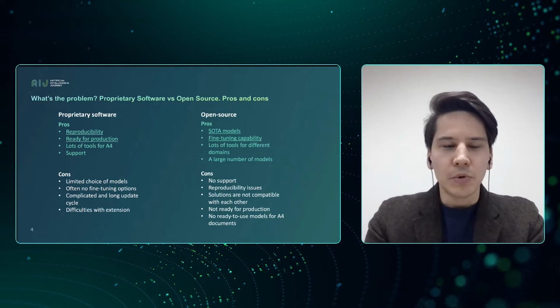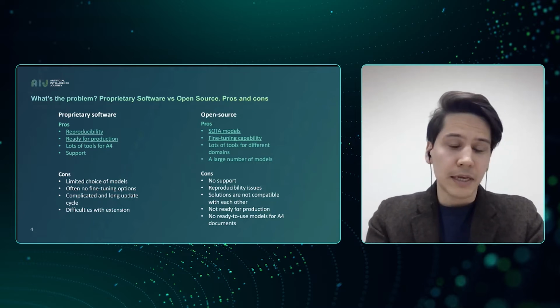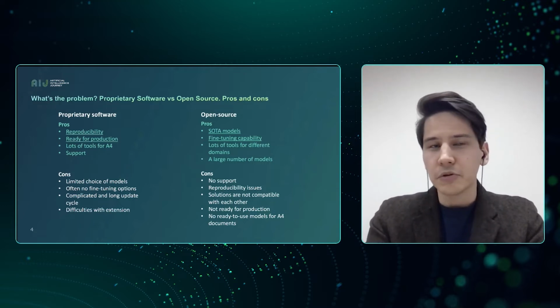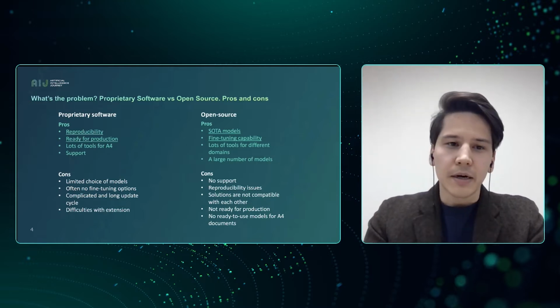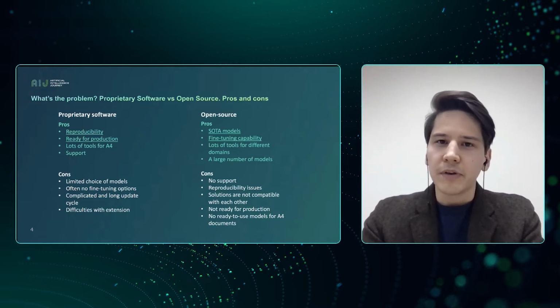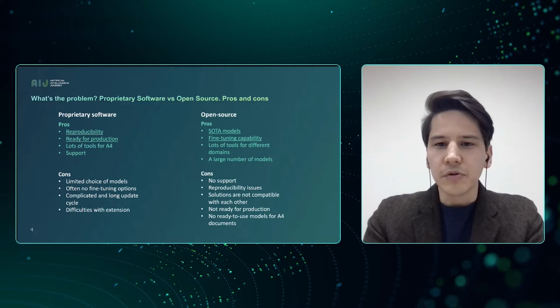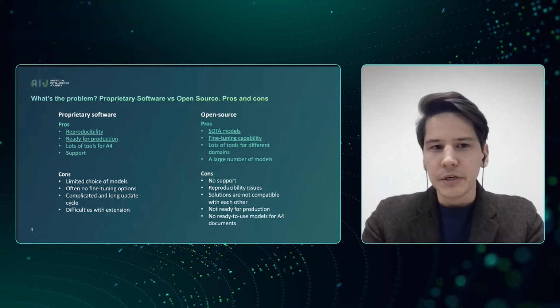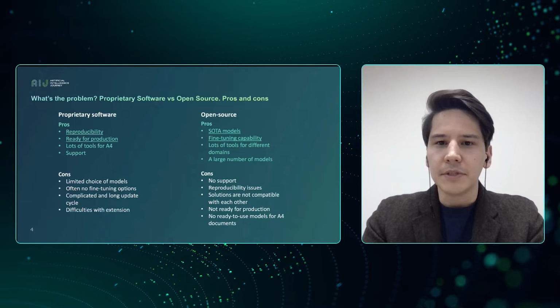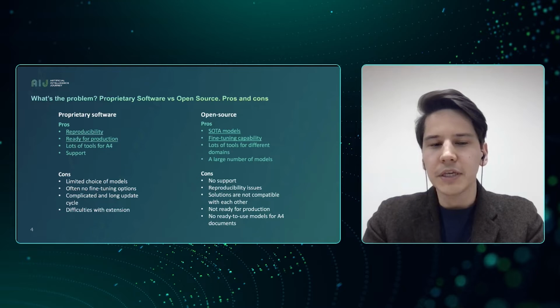Turned out, it's quite simple. Open source provides state-of-the-art models with the ability to fine-tune them for your specific document type, which is an advantage. So we decided to find out if we can combine the advantages of two worlds, open source solutions and proprietary software.